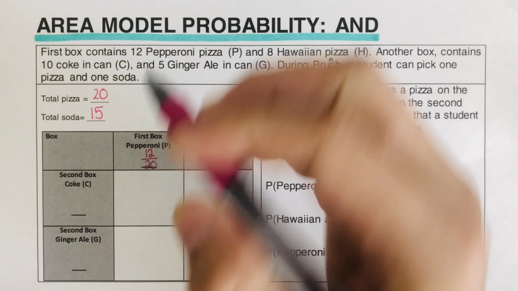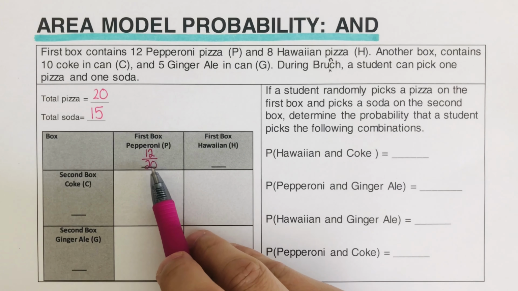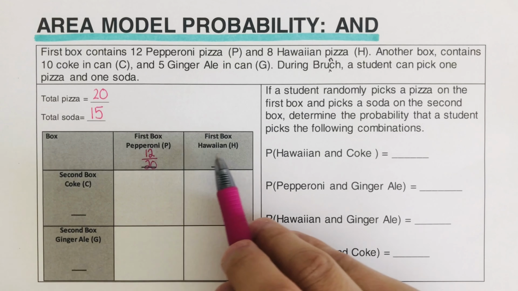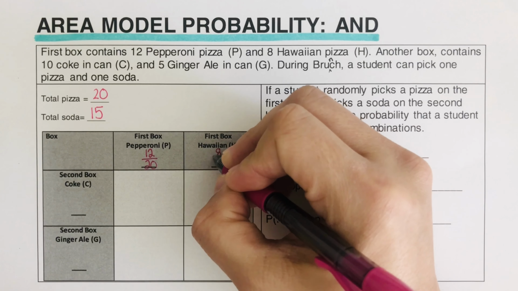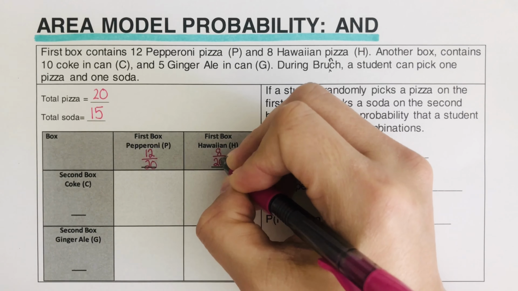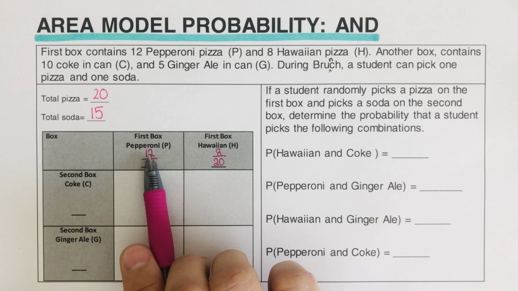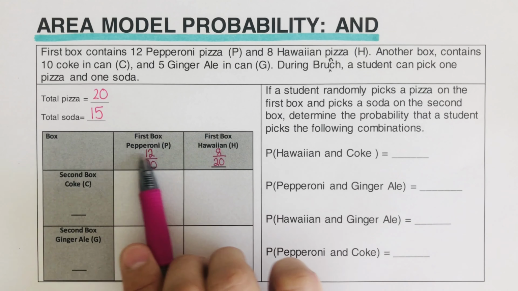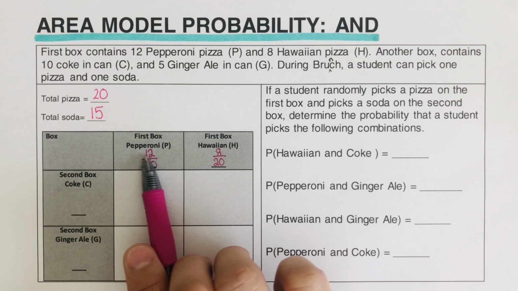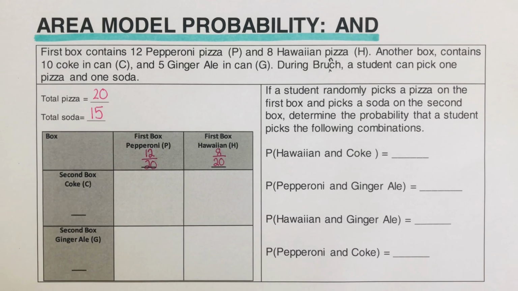So there were 12 pepperoni from a total of 20 pizza. Then the Hawaiian would be 8, so that would be 8 over 20. Now notice that the sum of these two, 12 plus 8 is 20, over 20 is 1. So the sum of these two is 1, because in probability, the total probabilities would always be 1 every time.